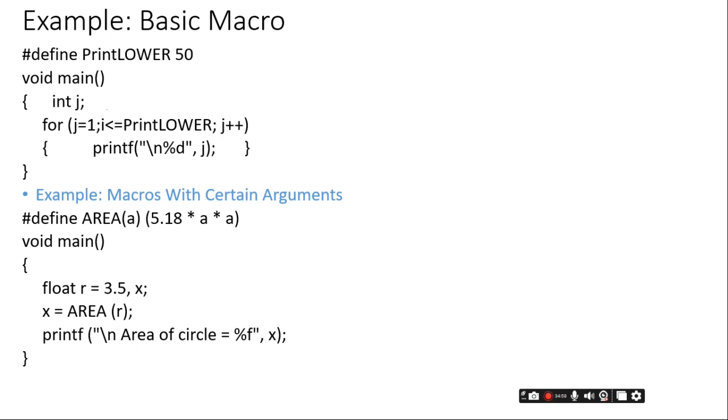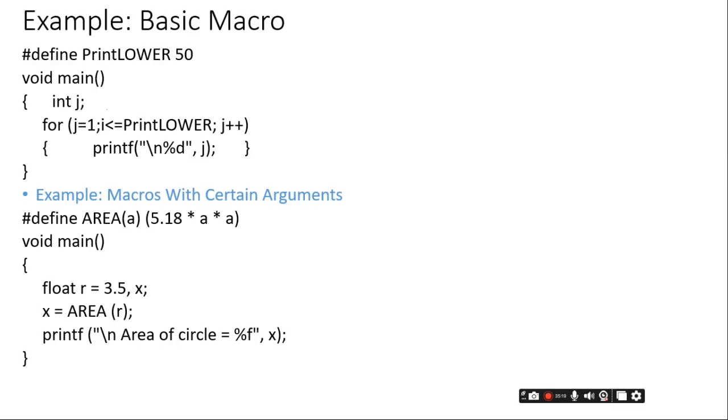Hence, to remove that load on the processor or compiler, we expand the macro templates with macro expansion in one single line. Hence, macros are used other than functions sometimes in suitable situations.